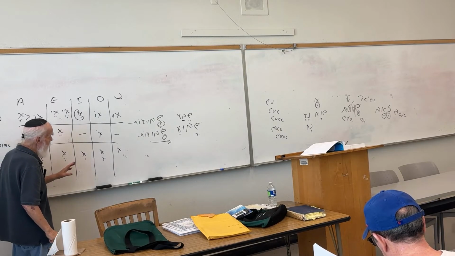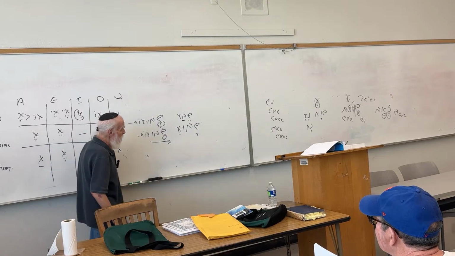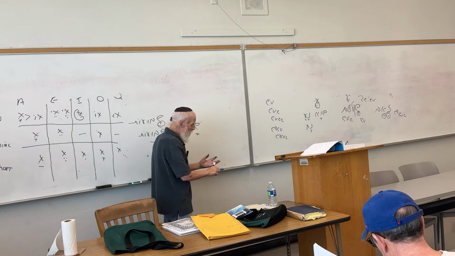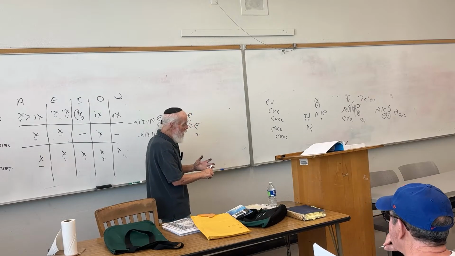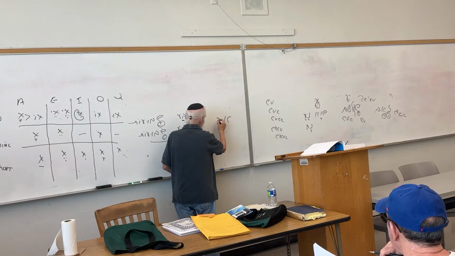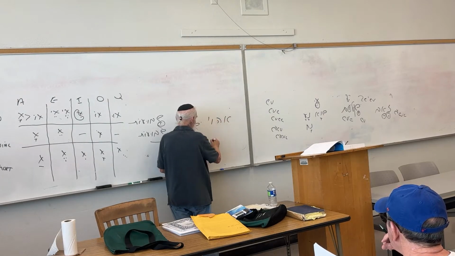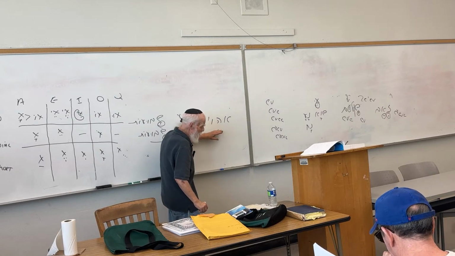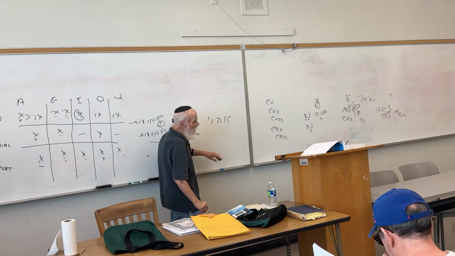And I guess before I go any further, I should say this. There are 4 letters of Hebrew which function both as a letter, as a consonant, and also as a vowel. The letter aleph, the letter hey, the letter vav, and the letter yud. These 4 consonants can also play the role of a vowel.